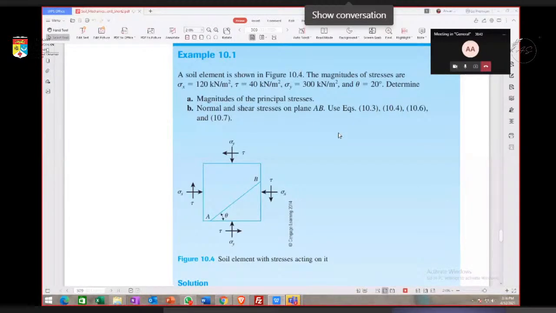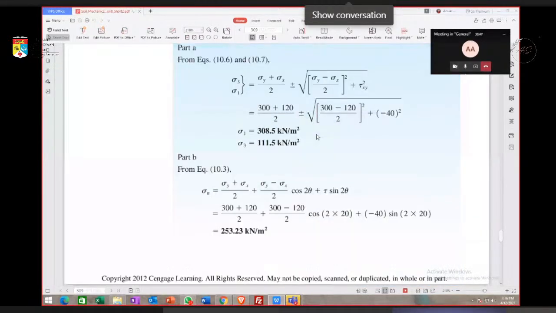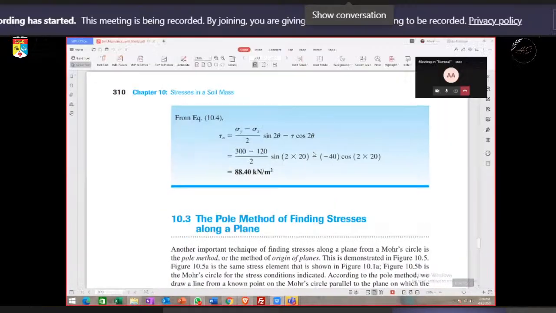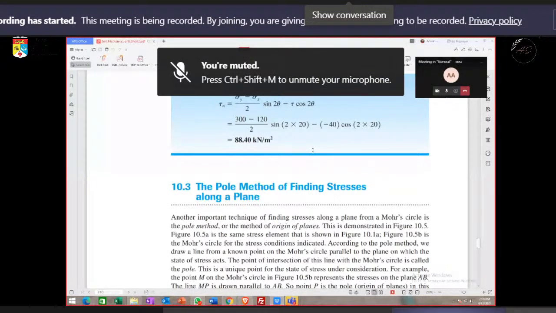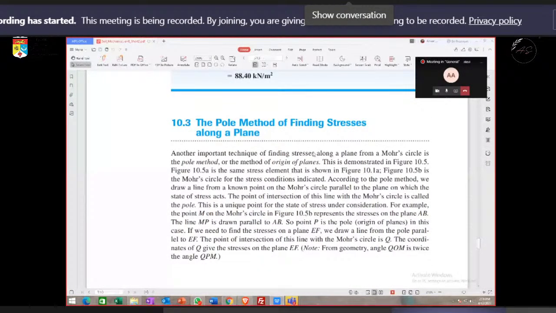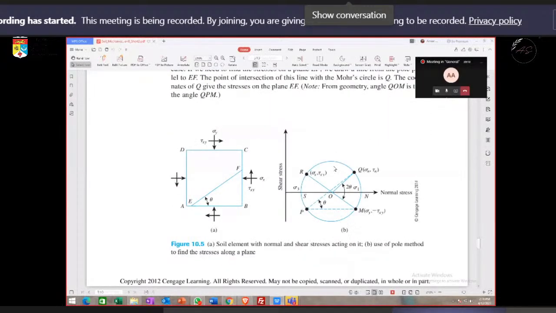Okay, I think you can also look at your PDF file. And there is also a pole method to find stress along the plane. So this will be your, I would say, review for your strength of material class actually. Yeah, this is how to use the pole method.